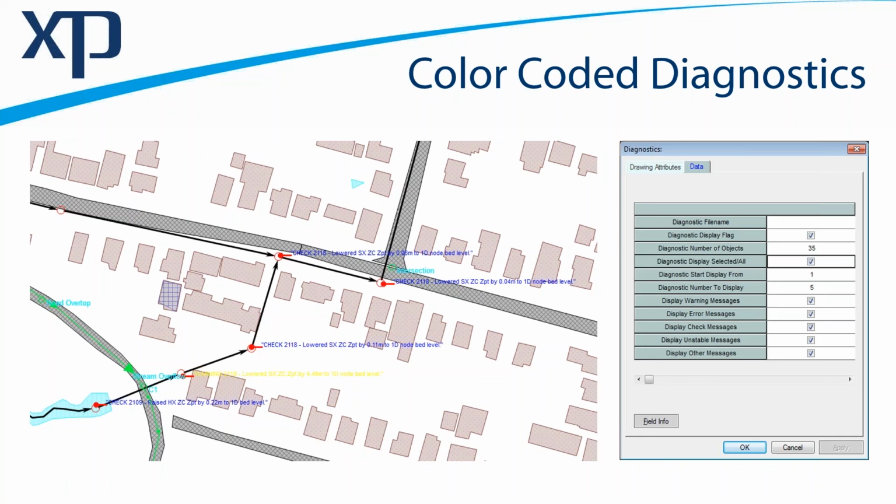Perhaps most of them are warning or check messages, and there are 3 error messages, and it's just hard to locate the few error messages when they're all the same color and everything is on the screen at once. So now you can just show the error messages, the things that are preventing the model from running, or you'll just notice them in a red color rather than in some other color, and so it's easy to pick them out in the plan view.